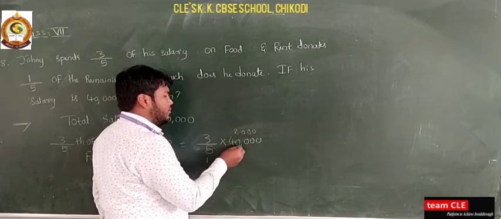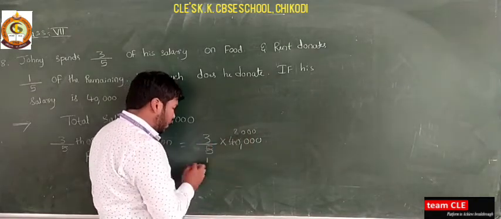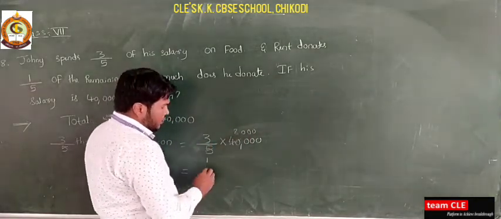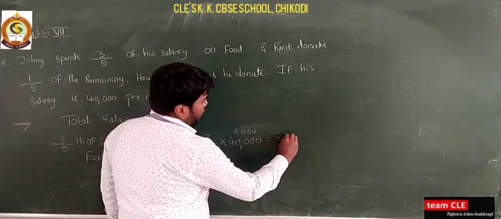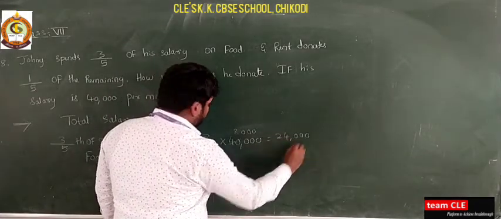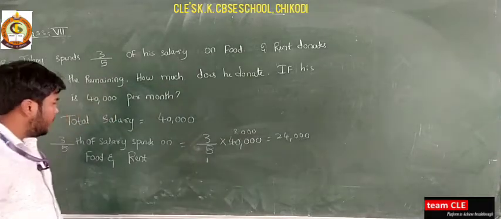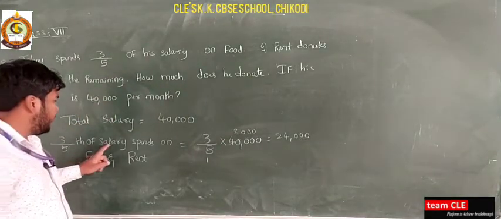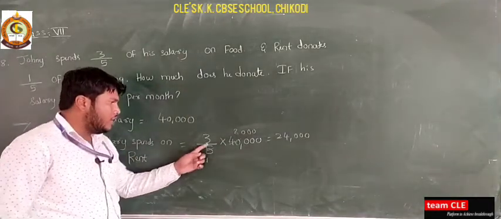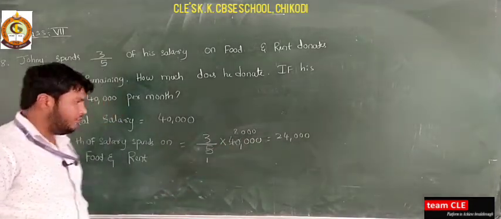So 5 8,000s are 40,000. 8,000 into 3 is 24,000. So 3/5th of his salary spent on food and rent is 24,000.